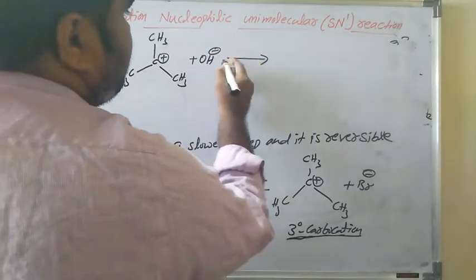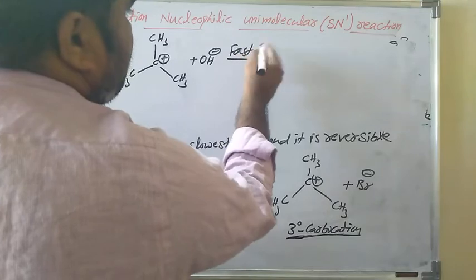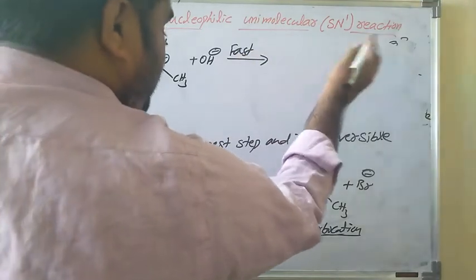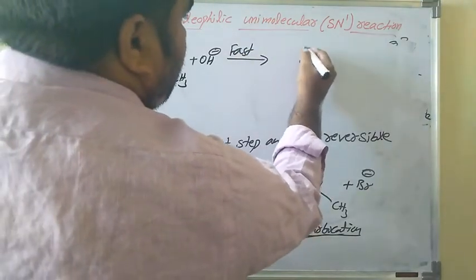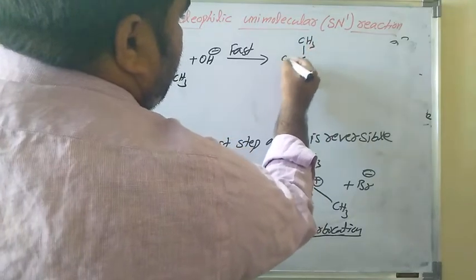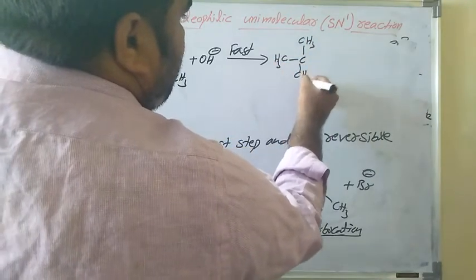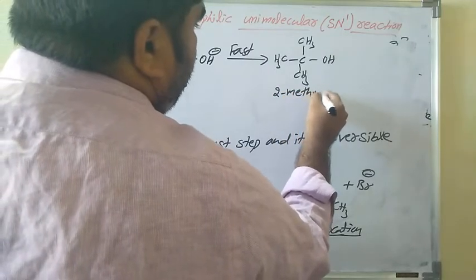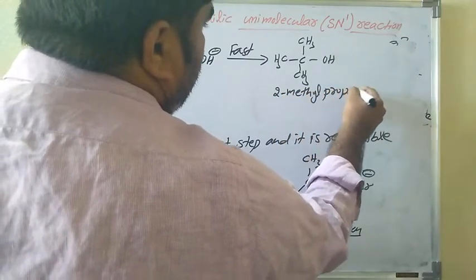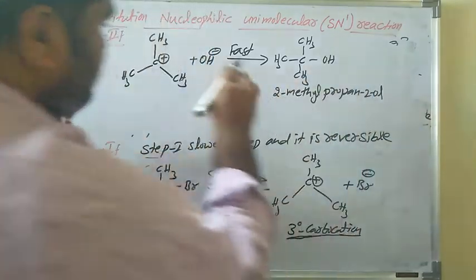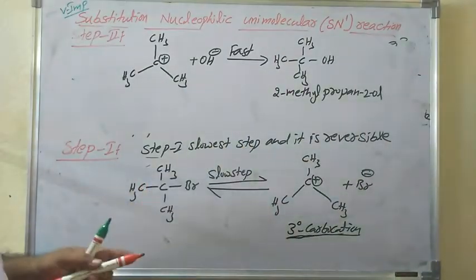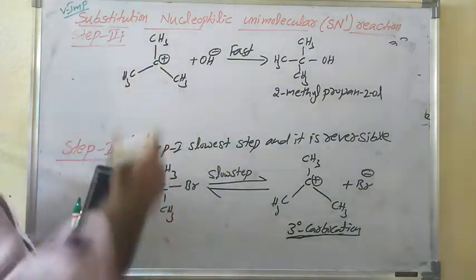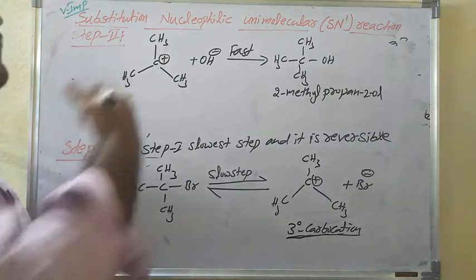Then it is a very fast step and produces 2-methylpropan-2-ol. This is the reaction mechanism. Step 2 is an irreversible and fast step.